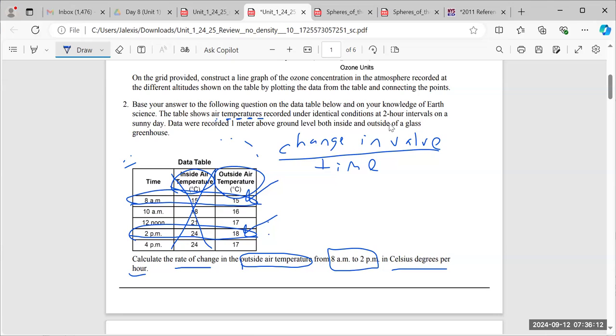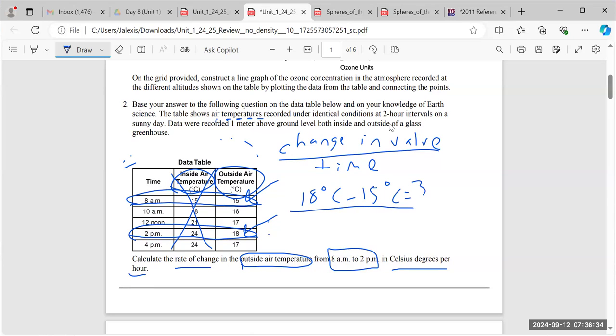So what that means is my value is going to change. I'm going to do big minus small, bigger number minus small number, right? Because it's the absolute value for earth science. They just want the change in value, not the direction. So I'm going to do 18 degrees Celsius minus 15 degrees Celsius, and that gives me 3.